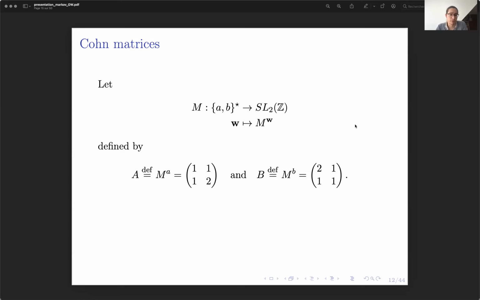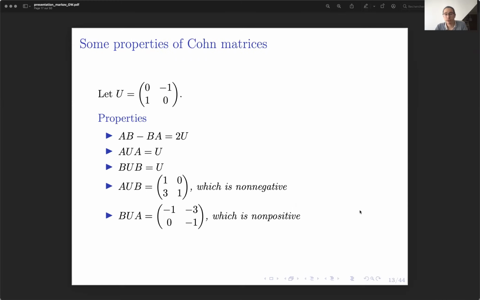So if we have a word like this one, we obtain this matrix. And we have some properties on those matrices which are quite useful for proofs. If you have U, this matrix (0 1; -1 0), we have ab minus ba equal to 2U, and aUa equals U, bUb equals U. And the most important ones are aUb, this matrix, which is non-negative, and bUa, this matrix, which is non-positive.